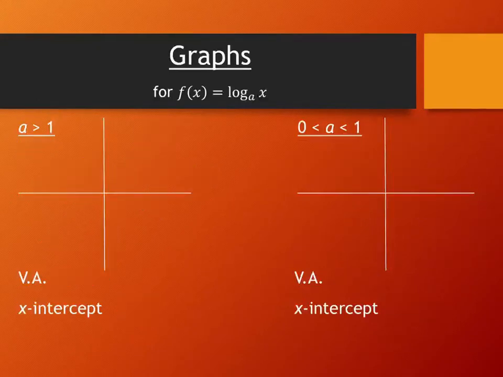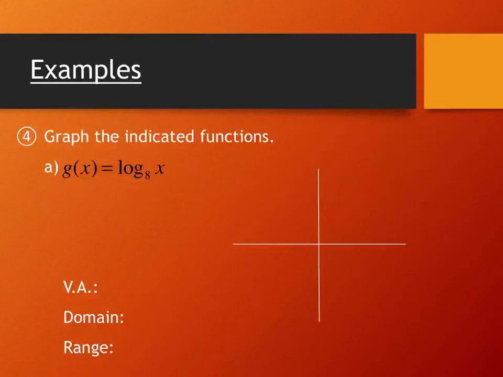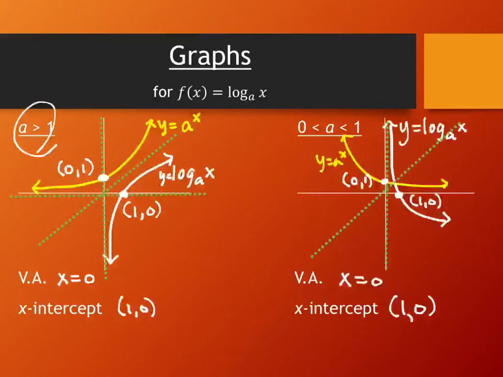So when we get over here to this example with log base 8 of x, all that matters about the 8 is that it's bigger than 1. That's it. And because it's bigger than 1, it looks like the first graph that I plotted.